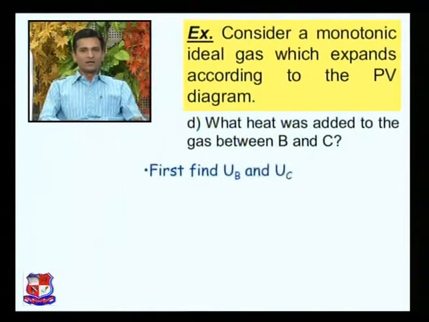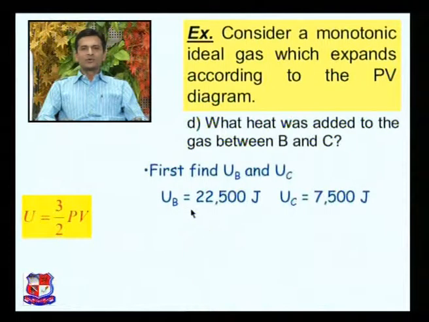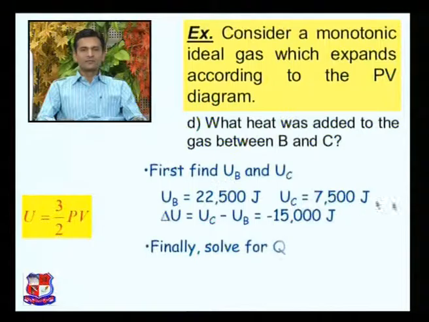So for that, again find out internal energy at initial B and final C, UB and UC. The equation is again U is equal to 3 by 2 PV. So UB is equal to 22,500 joule and UC is equal to 7,500 joule, and delta U is equal to UC minus UB, that is minus 15,000 joule. Difference of these two.